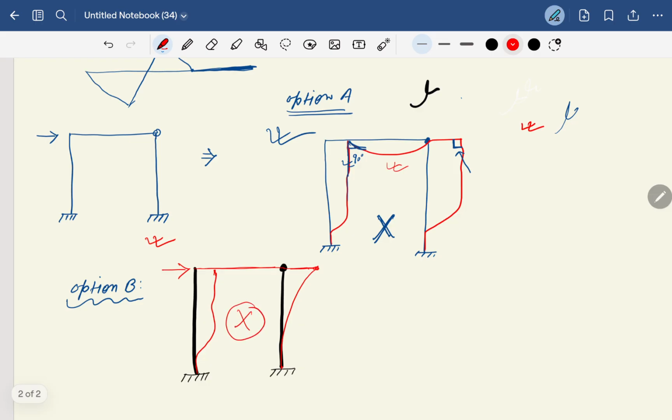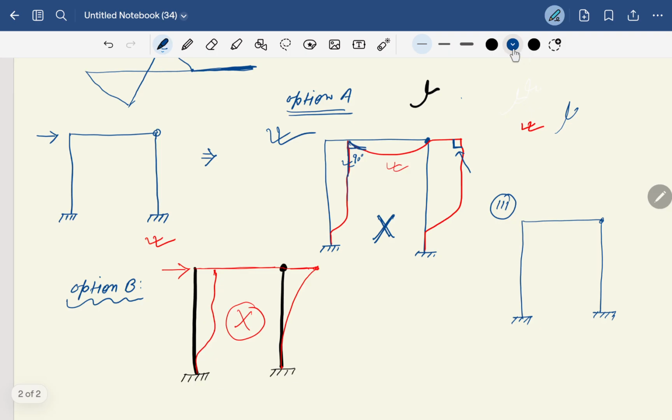So that is the second option. Now I'm giving you the third option. Suppose this is your portal frame, this is your internal pin, and here this is your fixed support.